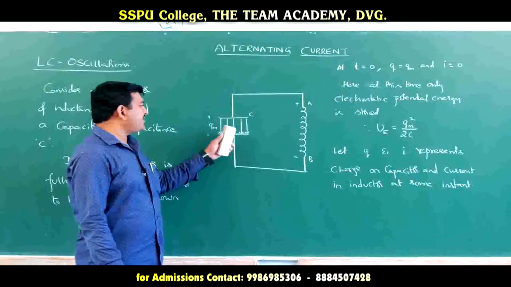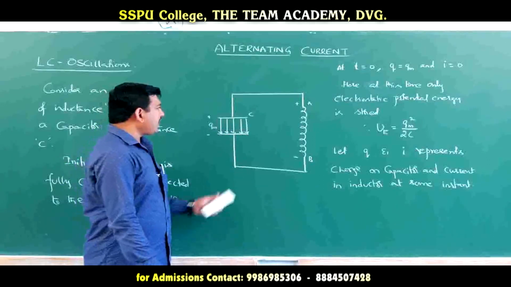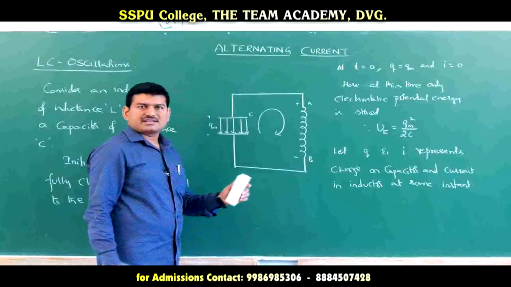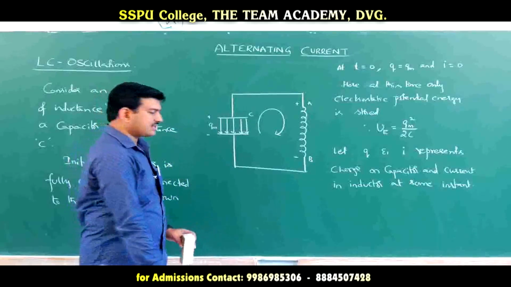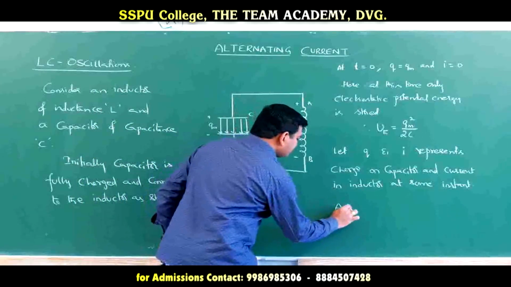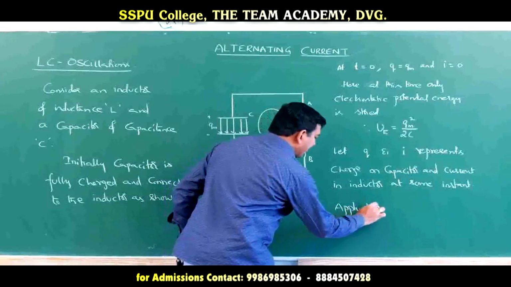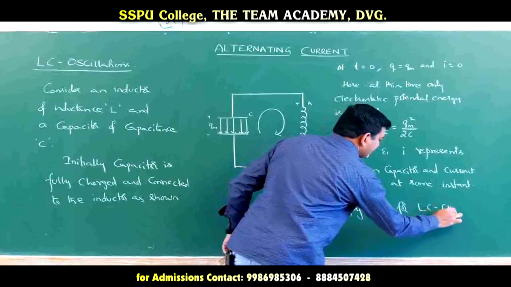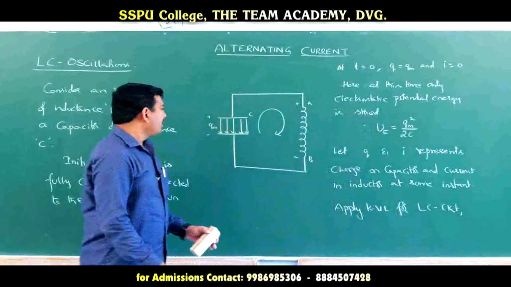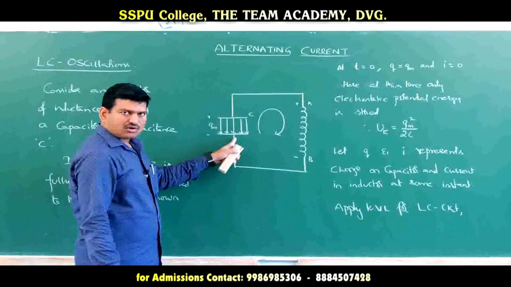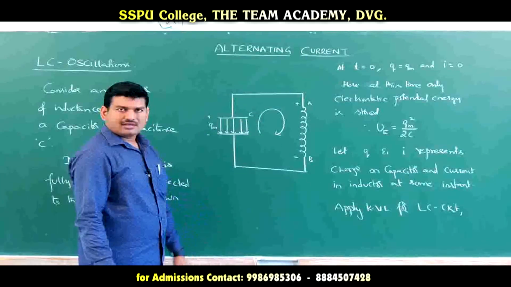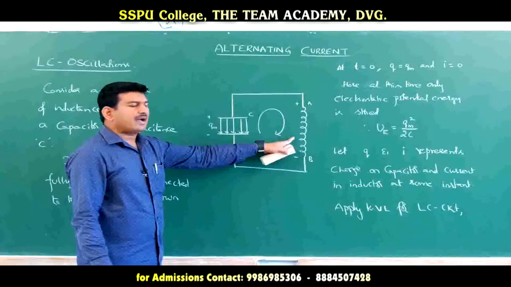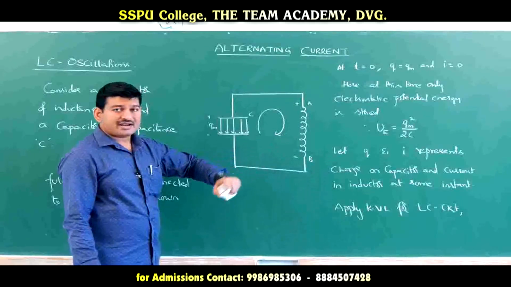If you see here, CV is equal to Q is the relation. Applying the KVL rule, Kirchhoff voltage law, for this LC circuit, what am I going to get? Here V is the potential drop. If I take V minus the EMF in the inductor, E is equal to minus L into di by dt according to Faraday's laws of induction.